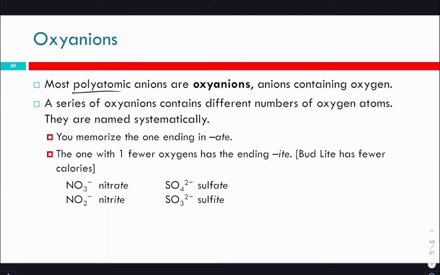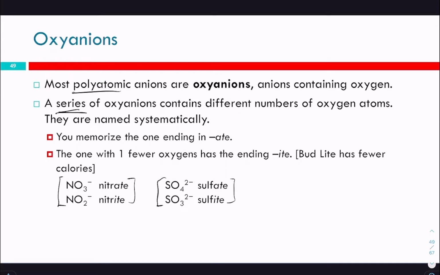The oxyanions contain different numbers of oxygen atoms for each series. A series being the oxyanions made up of nitrogen, or oxyanions made up of sulfur. They'll have one element followed by oxygen, and then different numbers of oxygens, which are related to the name that it has.